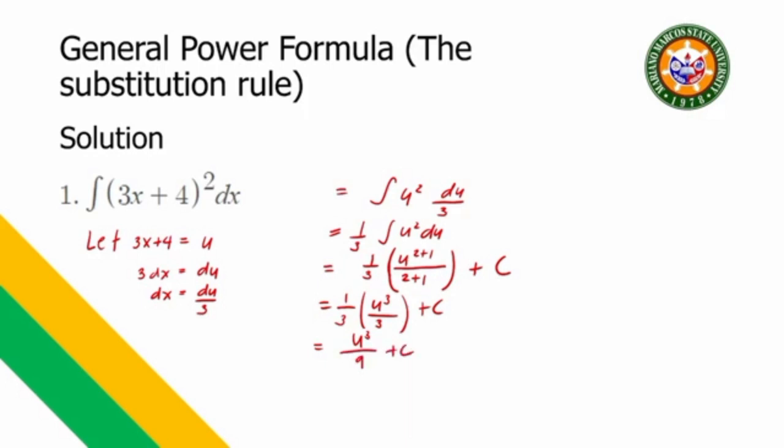This is not yet our final answer because our problem was in the function of x. So to return it to a function of x, we substitute u right here, which is 3x + 4. We will get (3x + 4) raised to 3 over 9 plus c.